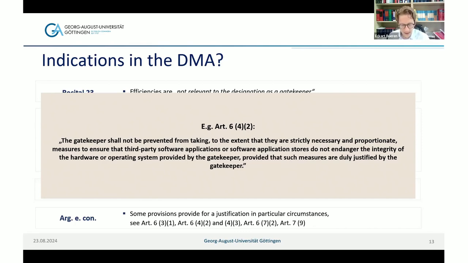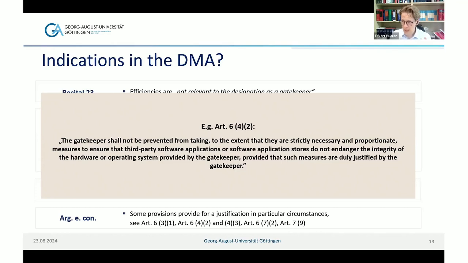And here it says, the gatekeeper shall not be prevented from taking, to the extent that they are strictly necessary and proportionate, measures to ensure that third-party software applications or software application stores do not endanger the integrity of the hardware or operating system provided by the gatekeeper, provided that such measures are duly justified by the gatekeeper.